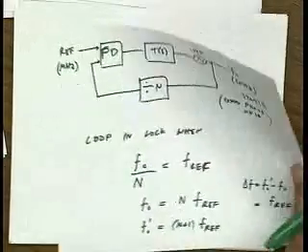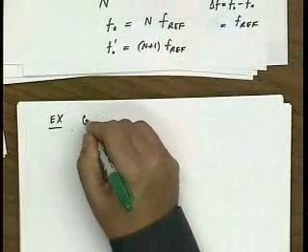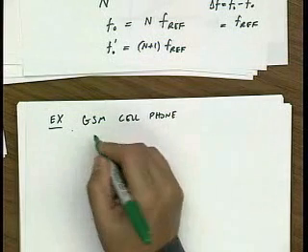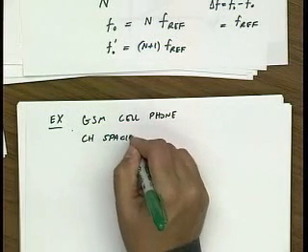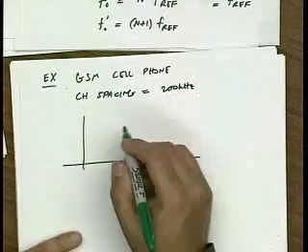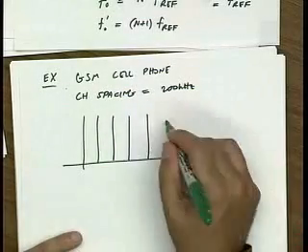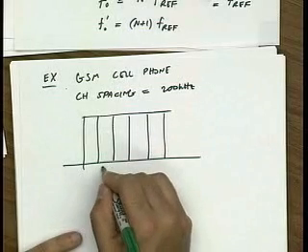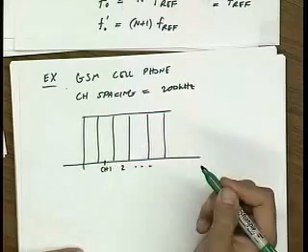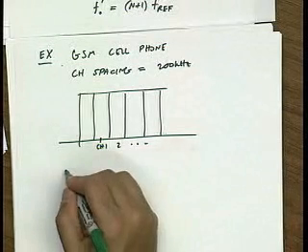Okay? So let me give you an example. Let's say you want to build a GSM cell phone. And the channel spacing is 200 kilohertz. Okay? So that means that the cell phone needs to wake up, listen to a control channel, and then hop to a given channel. So this is channel 1, 2, ... And so let's use a numerical example.